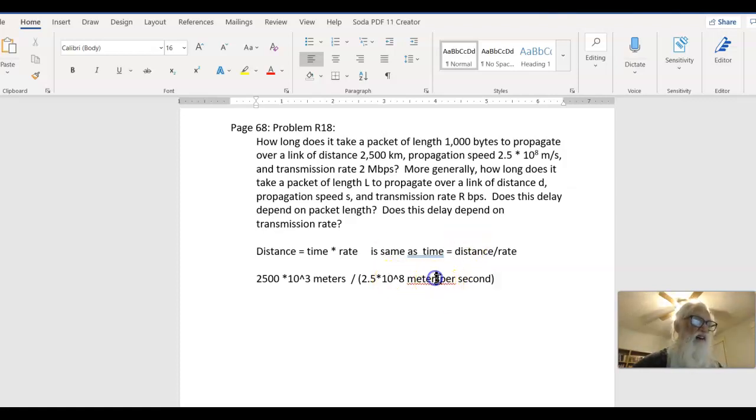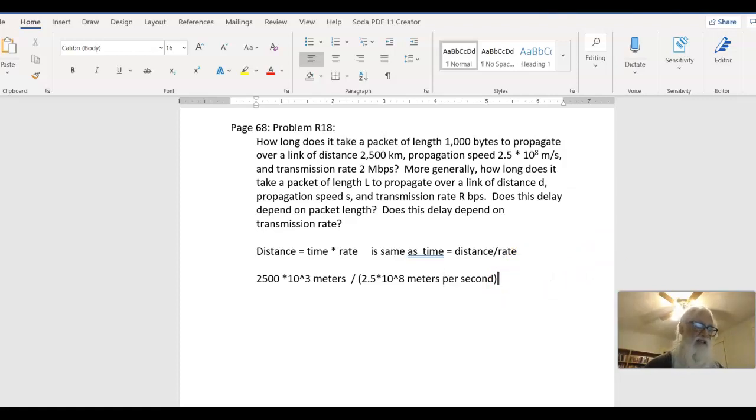If you look at that, you invert the denominator and multiply. So you're going to have meters in the denominator and seconds in the numerator. The meters will go away, and you're looking at 2,500 times 10 to the third divided by 2.5 times 10 to the 8th. Now that is the time for a bit to move down there.